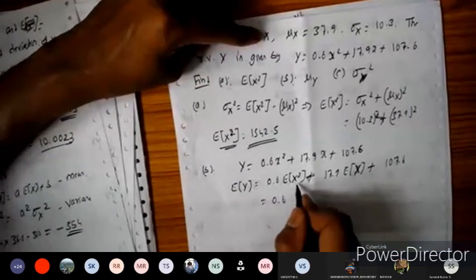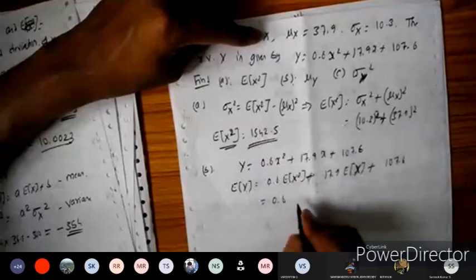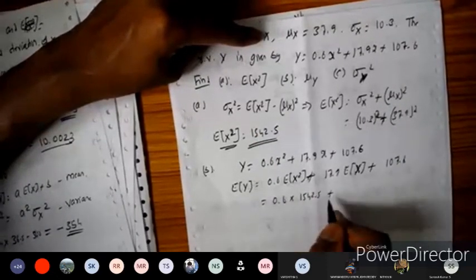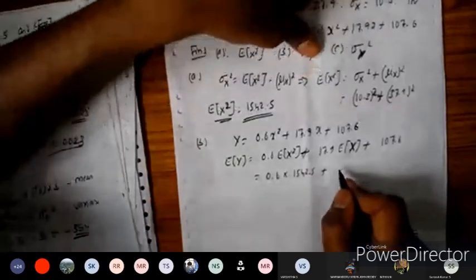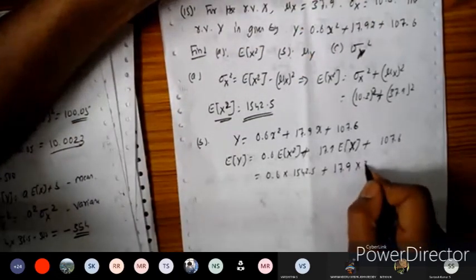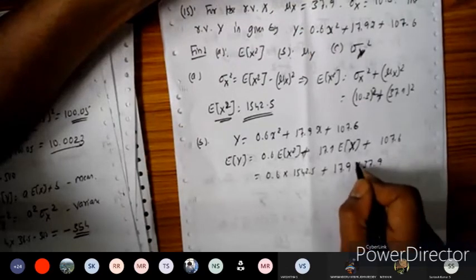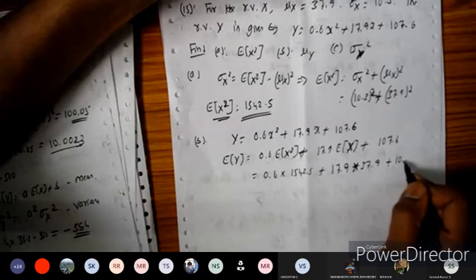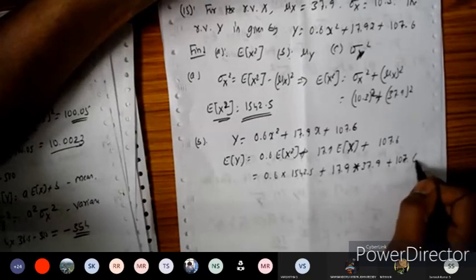So 0.6 into expected value of x square, which is 1542.5, plus 17.9 into the mean value, which is 37.9 here, plus 107.6.